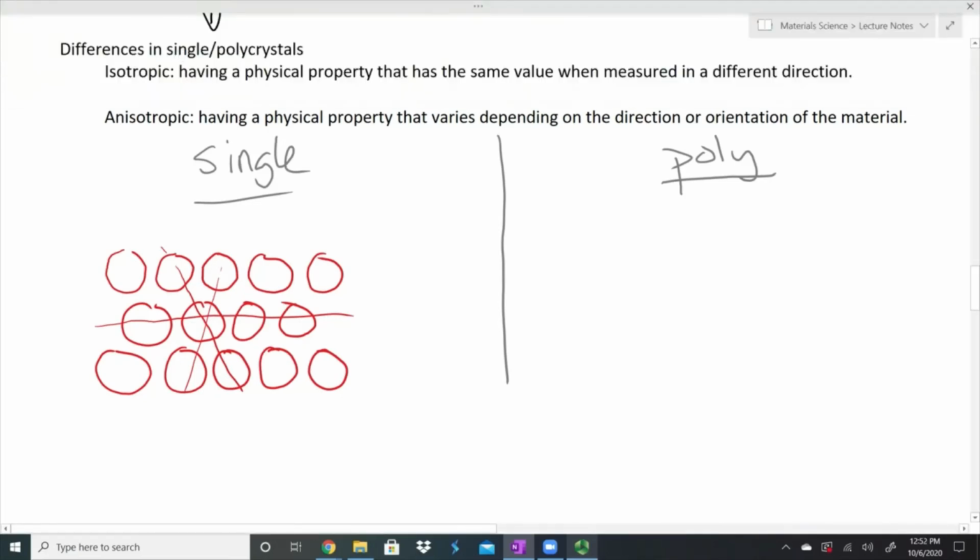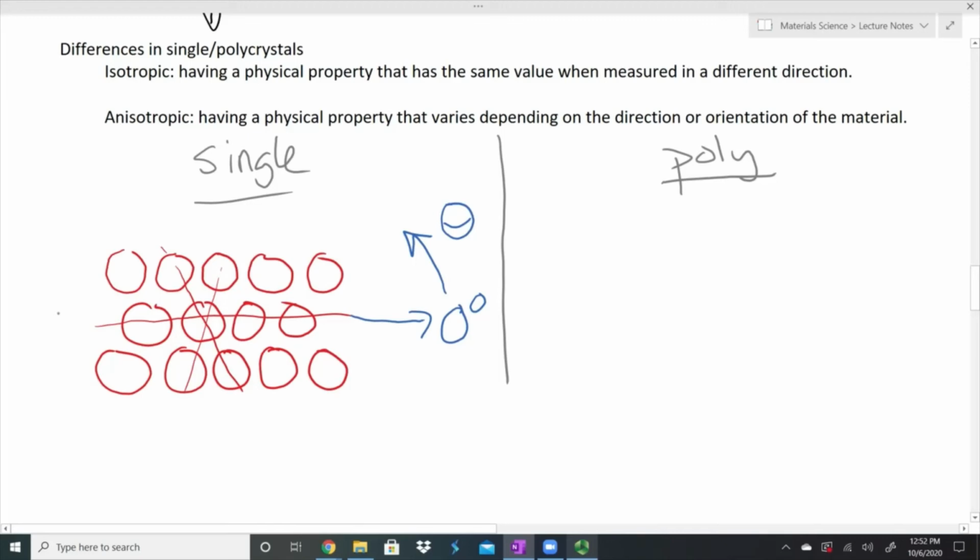We can pick that. But if I pick this direction as 0 degrees, and we could rotate this around some degree theta, what we can do is we could take some measurements. A good way to think about this is, let's say that I want to apply a voltage through this material.